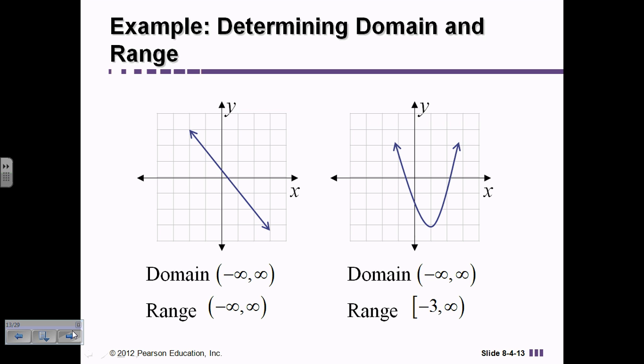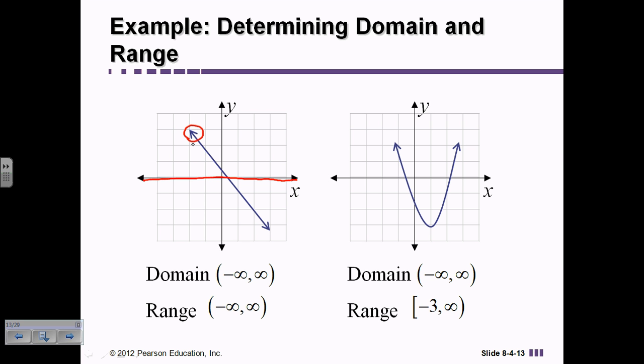So now we're looking at this example, and we want the domains and ranges of these numbers. When you look at the first one, you have to look at the x values. I could pick any point along here. And there's a very important point to look at here. When you look at this arrow, that's telling you that the blue line goes on forever. So even though the blue line on this graph stops right here, it continues on in one direction forever.